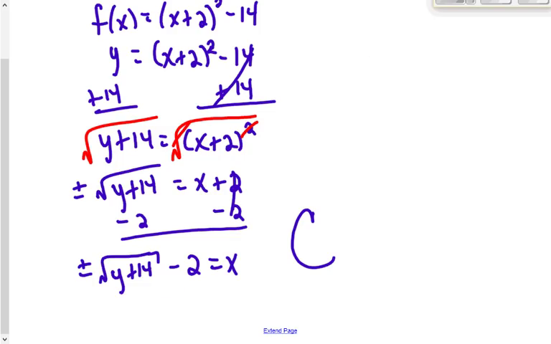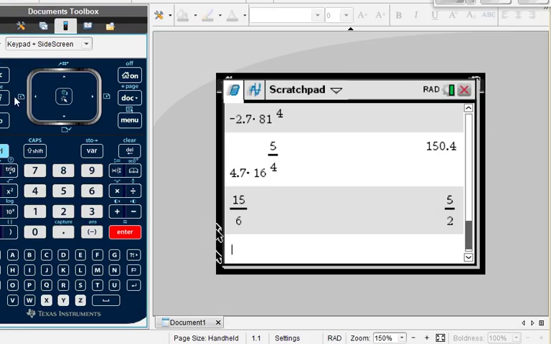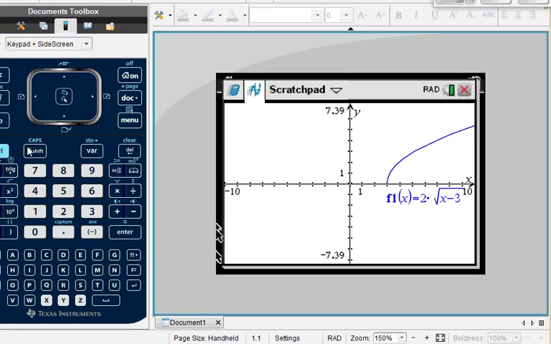All right. Number 12 is f of x equals negative x cubed plus 2. And it says determine whether the inverse of f is a function, then find the inverse. You can put it in your calculator and graph. So we're going to delete what's there.